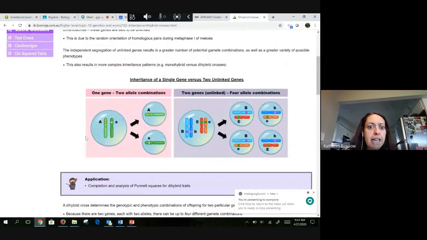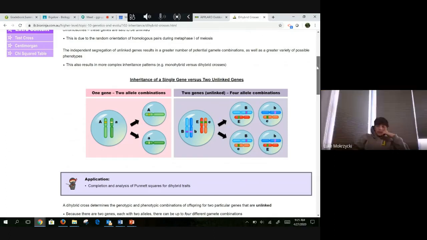When you're looking at one trait, you have 2 different alleles. When you're looking at 2 different characteristics that are unlinked, you end up with 4 different allele possibilities for each parent. Does that make sense? Okay.